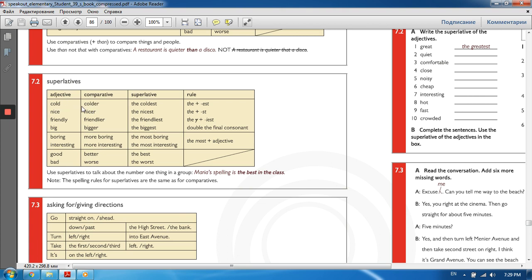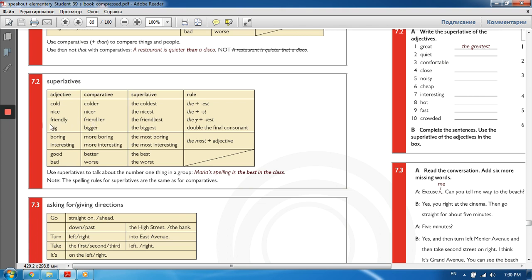So cold, colder, and the coldest, est has been added at the end of the word in the superlative degree. Nice. They have added only r and st because the word finishes with e itself.